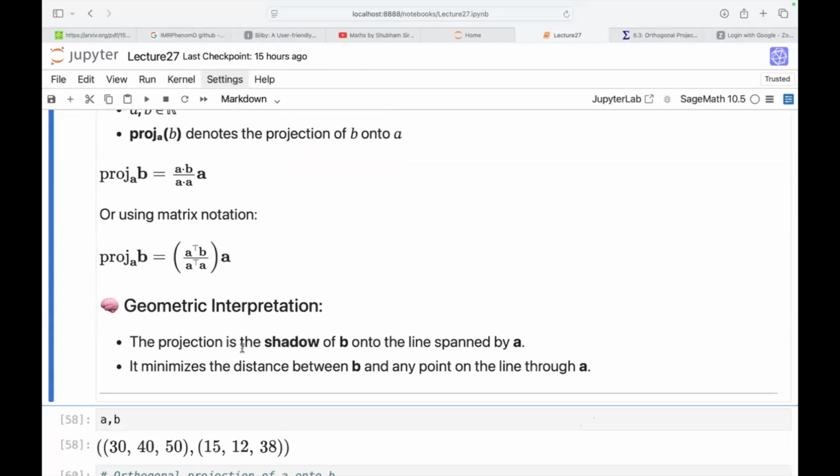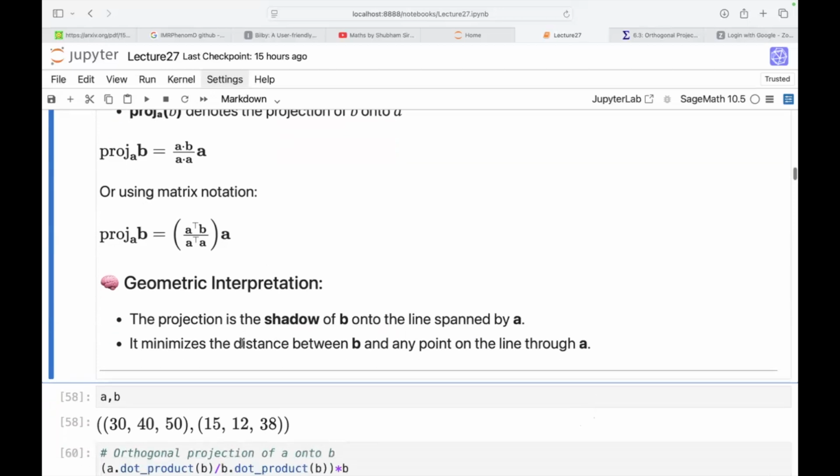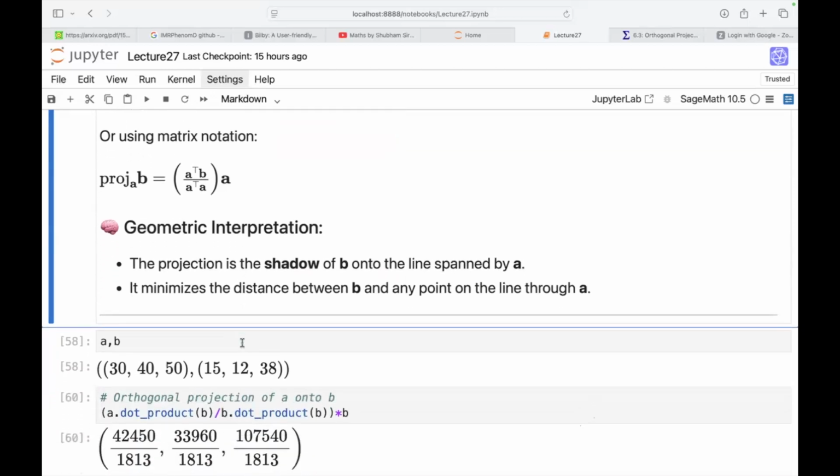The projection is the shadow of B onto the line spanned by A, and it minimizes the distance between B and any point on the line.